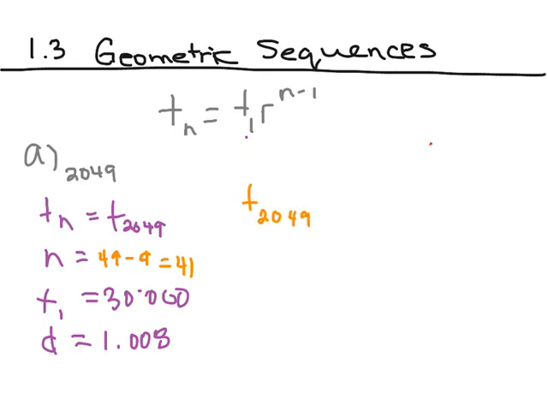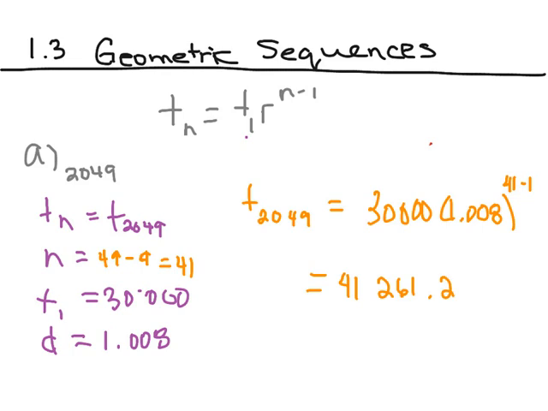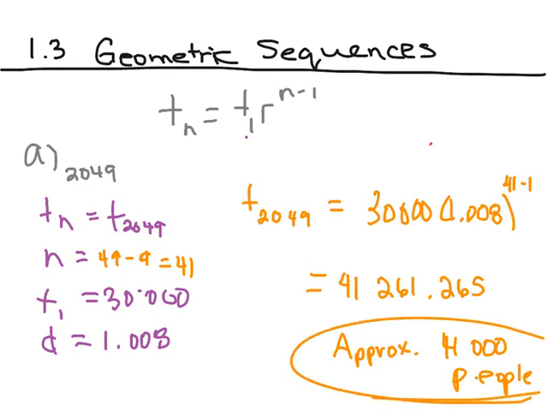T of 2049 is equal to 30,000 times 1.008 to the power of 41 minus 1. And if you type it into your calculator, you should get 41,261.265. So approximately 41,000 people in the year 2049, based on statistics.